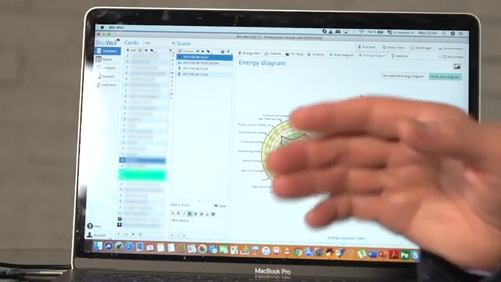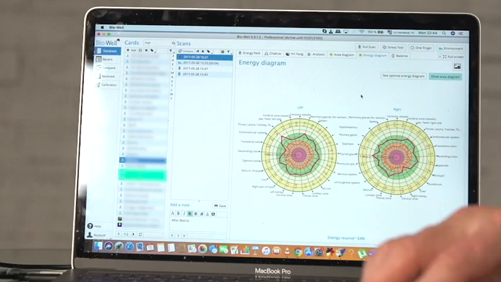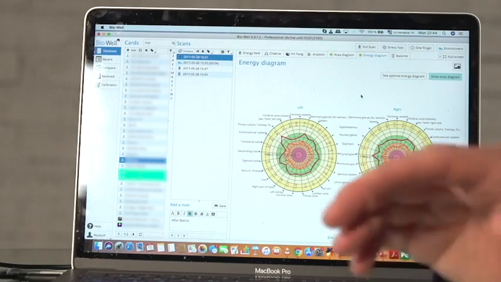If you have peaks at the energy diagram, this is an indication of some areas of attention. Why? Because any problem of the body needs attention from the system. Our heart has its own nervous system, and it has its own functioning, not depending on the brain.